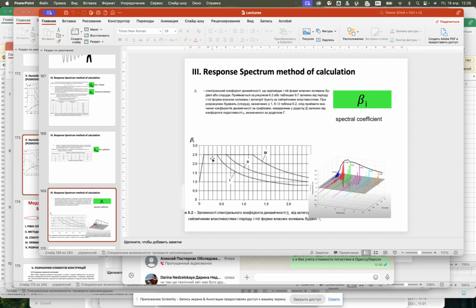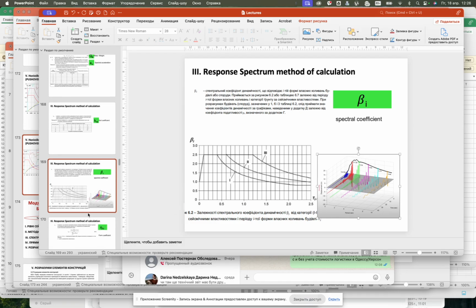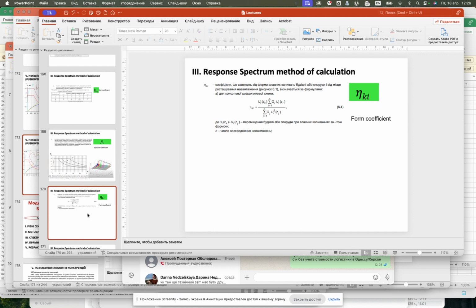But when we have a flexible building with a period of, for example, 2.5 seconds, in this case we will get the value of this coefficient 0.8. It will be like a reduction coefficient. Also, we have eta with index K_i.